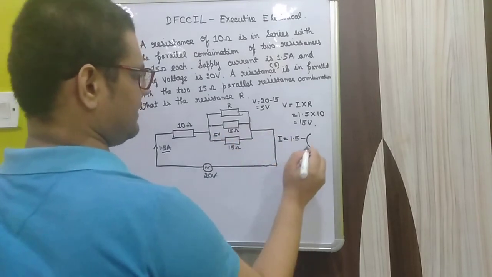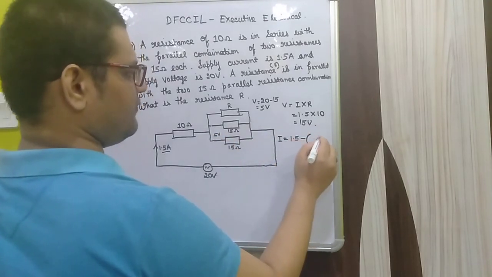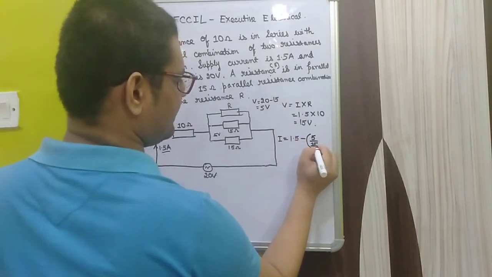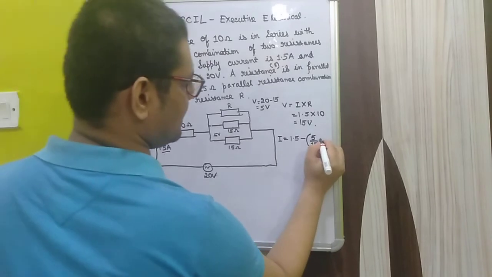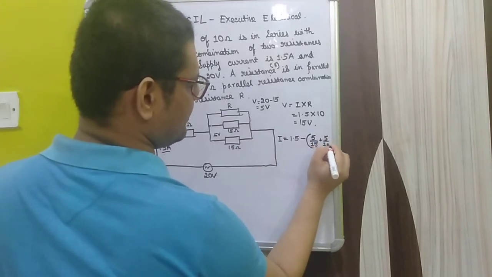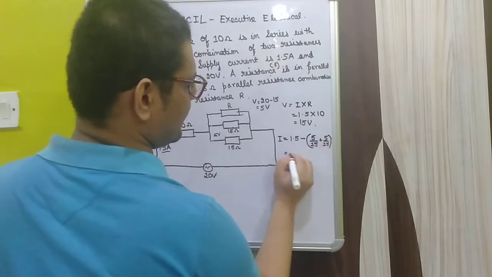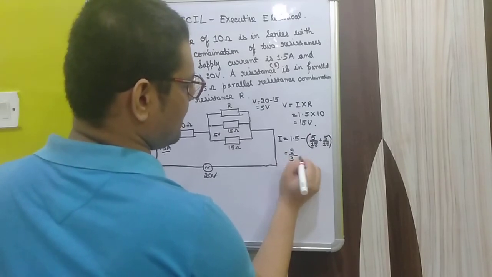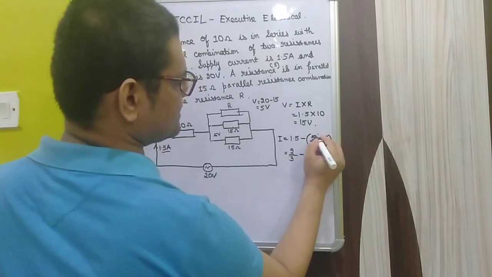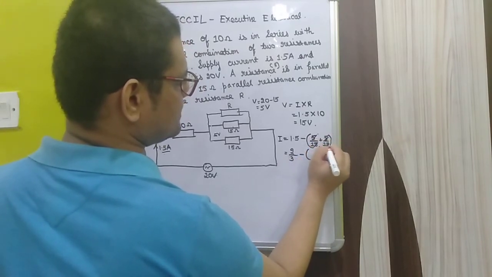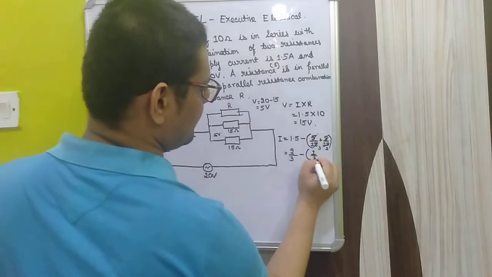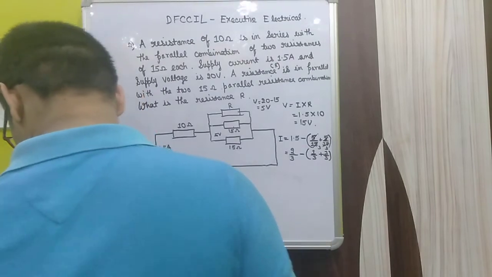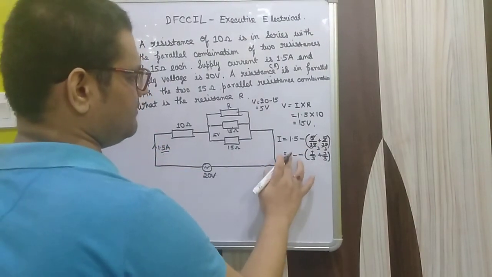Now we take I is equal to V by R. So voltage V is 5 divided by 15, and the same goes for the other, plus 5 divided by 15. So 1.5 we can write as 3 by 2, I'm sorry, not 2 by 3.